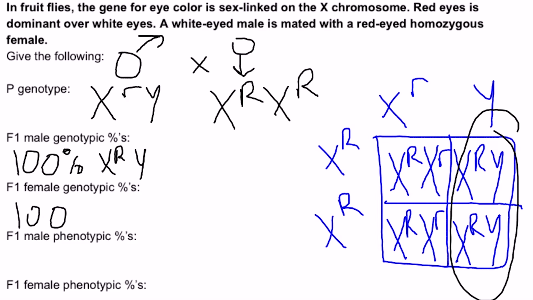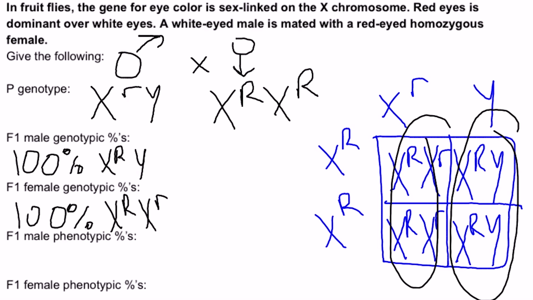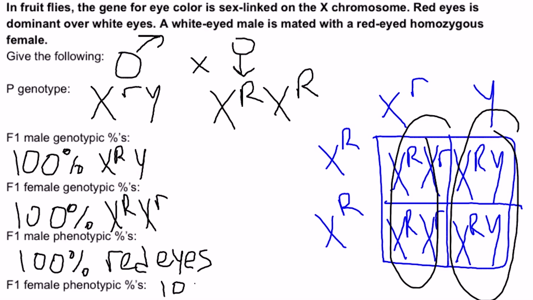For the females, you're going to have 100% X with a large R and X with a little r. This is going to be heterozygous because they receive both alleles. For the phenotypes, you're going to have 100% red as they only receive the dominant allele. And then you have, for females, 100% red.